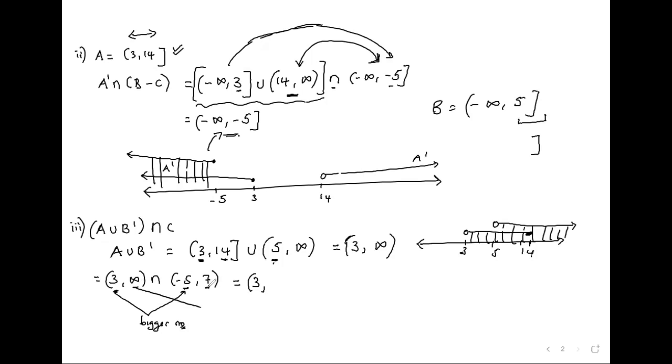So between these two, I get the smaller number. I get the smaller one. So here we get 7, the same way it is. So it means that the intersection is from 3 to 7. And this is how they're intersecting. From 3 to 7. Open, open.